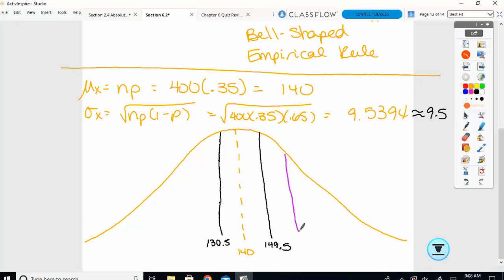So for another standard deviation, you just add and subtract it again. So if I add my 9.5 again, I get 159, and on this end I get 121.